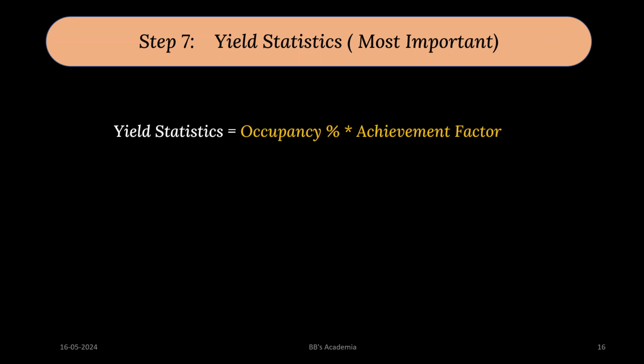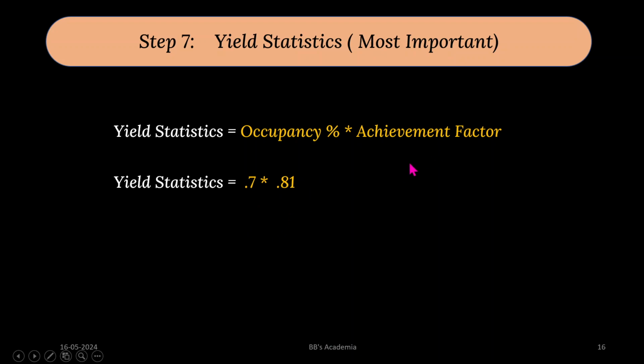In statistics, most important, one way of calculating is occupancy percentage multiplied by achievement factor. Occupancy percentage is 70%, so 0.7 here, and achievement factor we have just now calculated, 0.81.